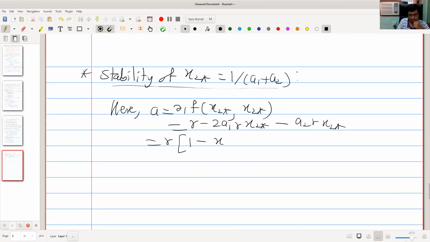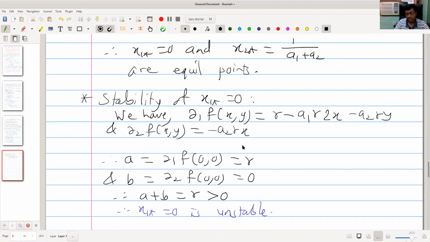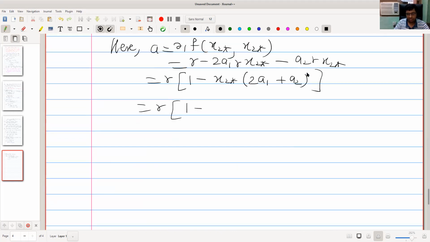So this is equal to r times 1 minus, here x2 star is common, so in the bracket 2a1 plus a2. This is equal to r into 1 minus (2a1 plus a2) divided by (a1 plus a2), since x2 star is 1 upon a1 plus a2.